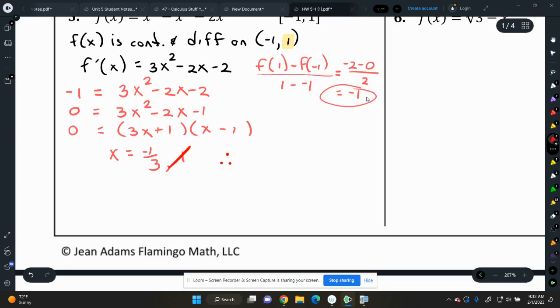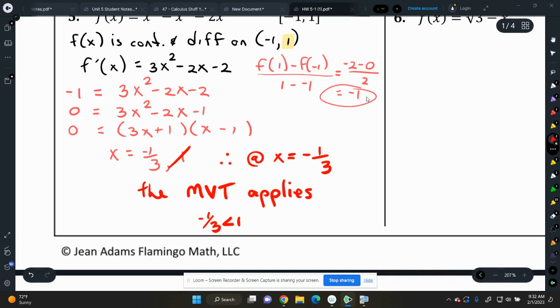So we're going to say, therefore, at x equals -1/3, the mean value theorem applies. Okay, and we'll just make sure that we state that -1/3 is between 1 and -1.